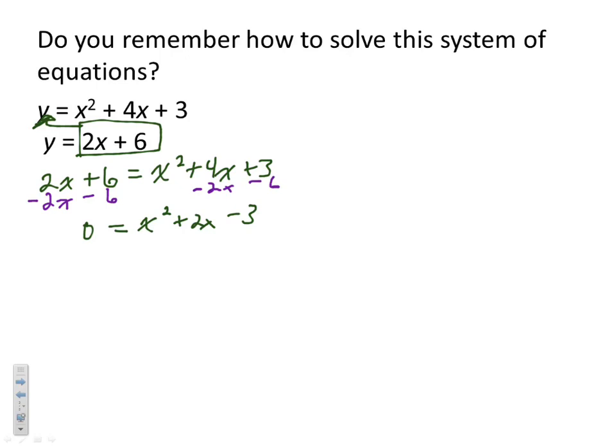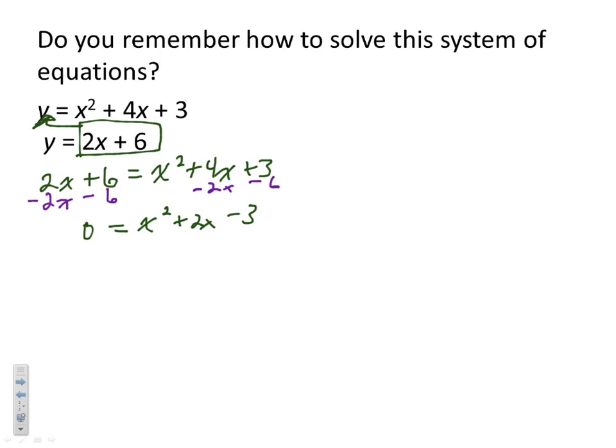Once you get this far, you have a couple options for solving. You can either solve by graphing, which I don't recommend, solve by factoring, or solve by using the quadratic formula, okay? I think many people have forgotten how to factor, so I'm going to use the quadratic formula. You should all remember it. So what I'm doing now is I'm plugging the values into the quadratic formula.